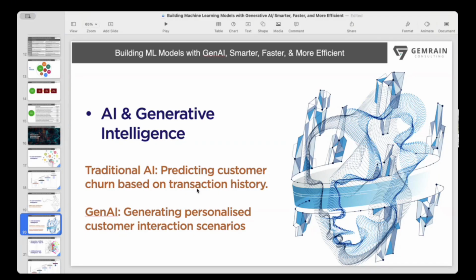So they can use a predictive model, and then they can see what the rate is going to be, and then they can see why. Then they're going to fix it. With generative AI, they can generate materials or suggestions to make the customers continue with the service or continue buying the products.